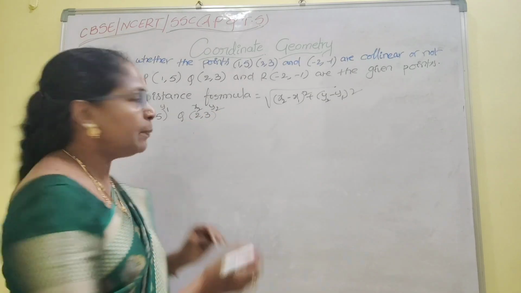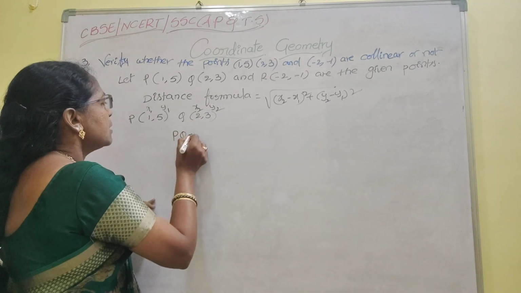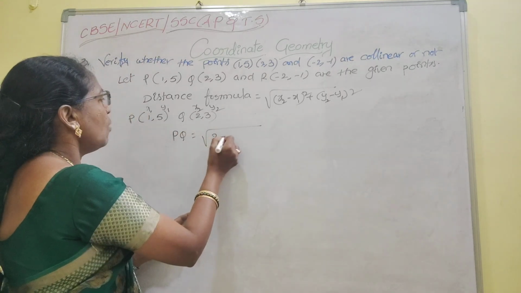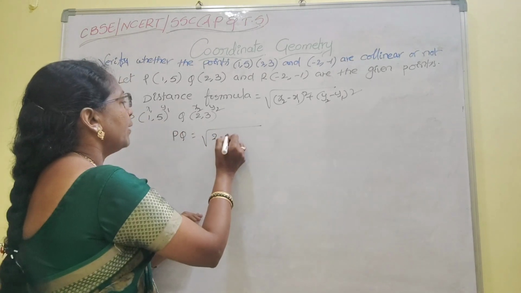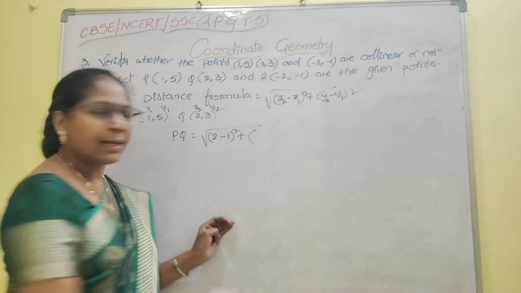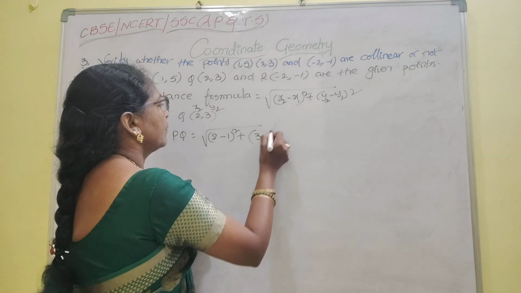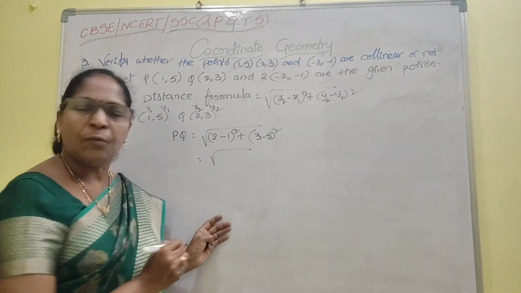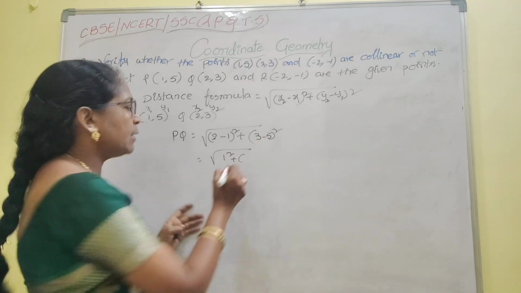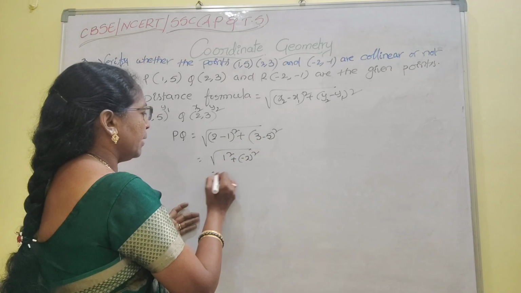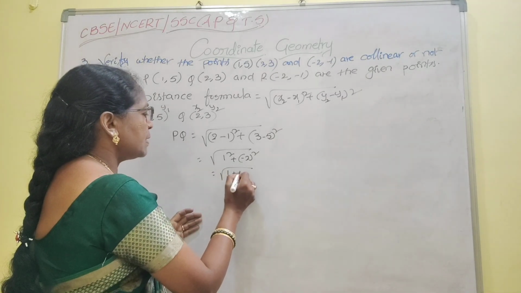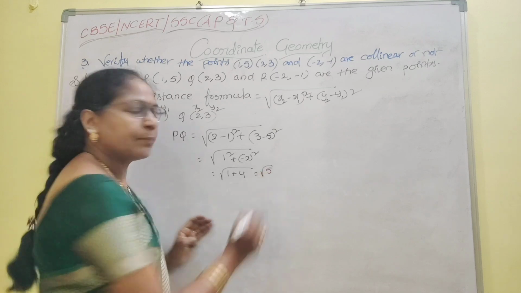Now the distance PQ equals the square root of (2 minus 1) whole square plus (3 minus 5) whole square, which is the square root of 1 square plus (-2) whole square. 1 square is 1 and (-2) whole square is 4. 1 plus 4 equals 5, so PQ is root 5.